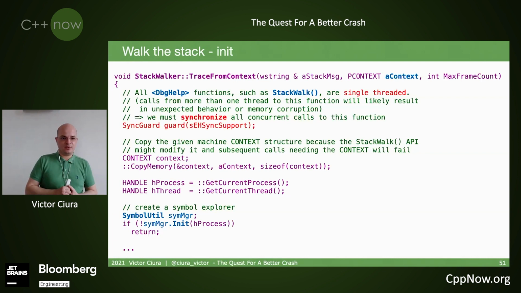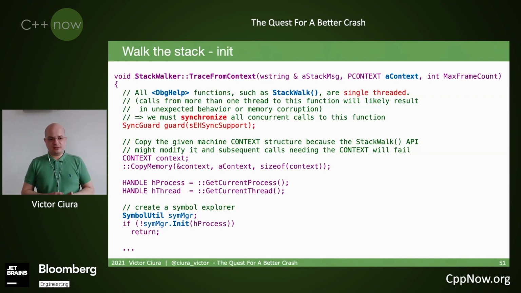So you can copy the given machine context structure, because the StackWalk API will modify it each time it's called. So you want to keep a copy of this context, and it's a cheap structure to copy. It's not very large. I don't remember exactly the size.